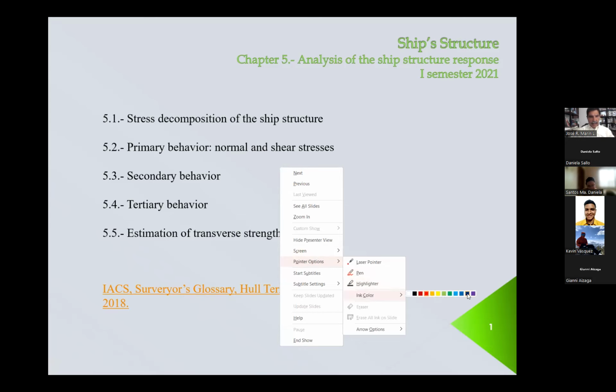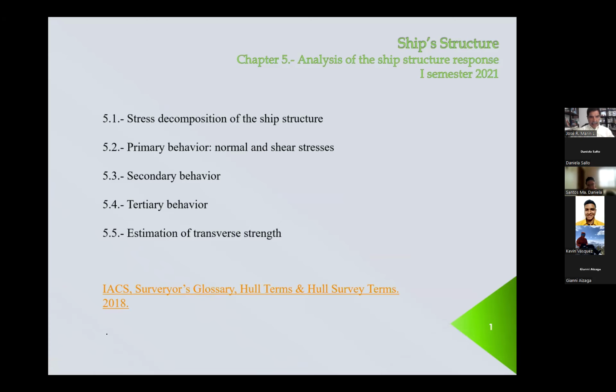Okay, IACS, what you see here, means International Association of Classification Societies. Okay, so it's some of the larger classification societies. They form this association, and it's IACS.